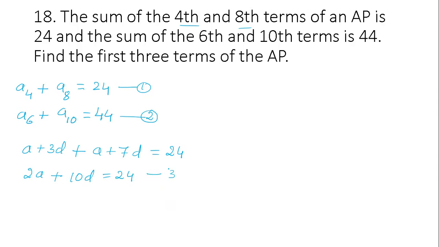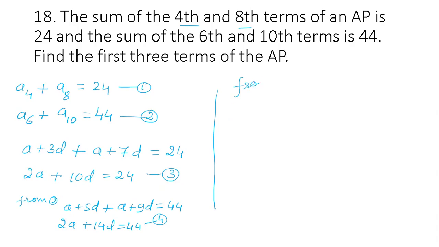Call this equation number 3. And from 2, a plus 5d plus a plus 9d is equal to 44, that is 2a plus 14d is equal to 44. Call this equation number 4.